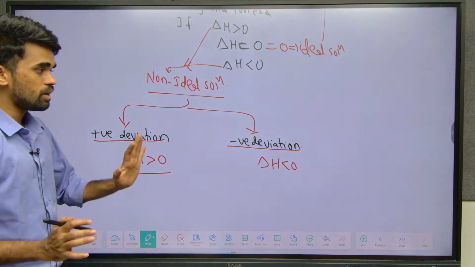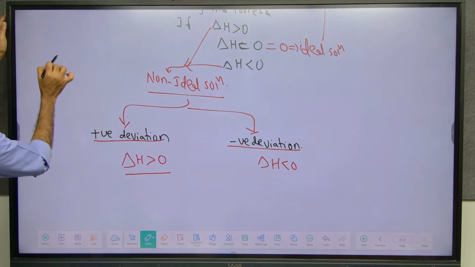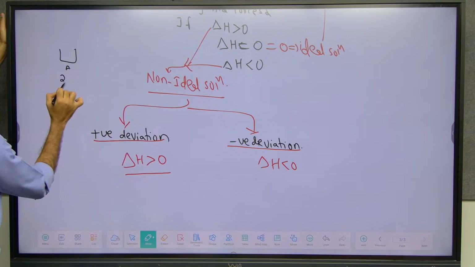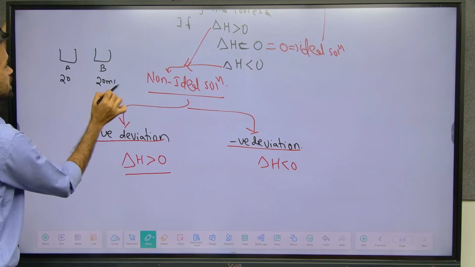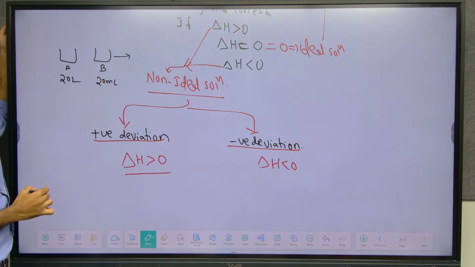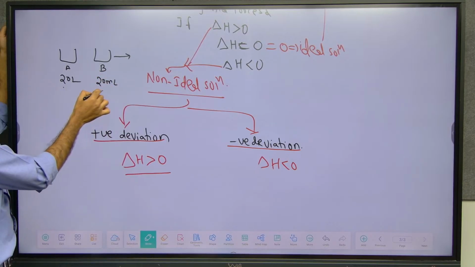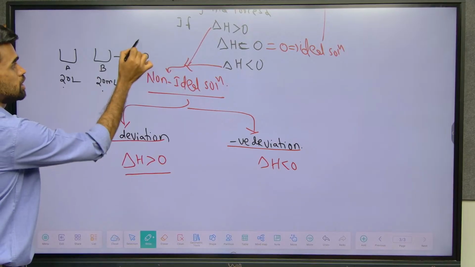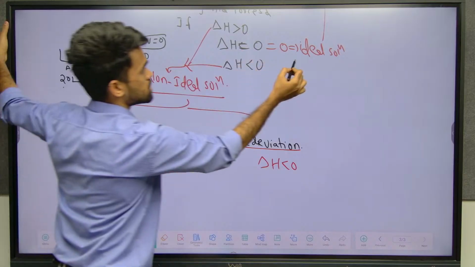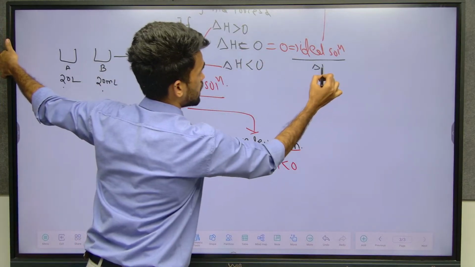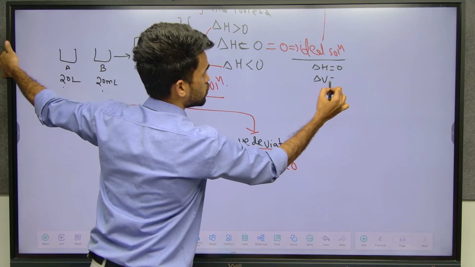See, look here, I am mixing liquid A with 20 ml, liquid B also 20 ml. What should be the resultant volume I should get? 20 plus 20, it should be 40 ml. It means change in volume is 0, I can say. Then that solution becomes ideal. So delta H 0, delta V 0 means ideal.